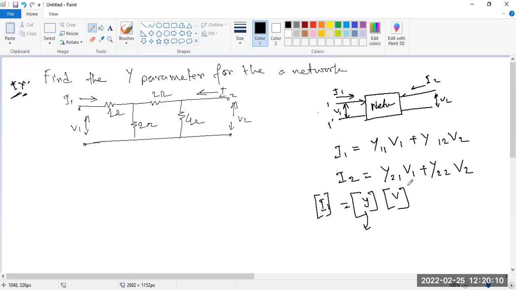Each element has a specific name. Just recall this: Y11 is at the input, and it is called the driving point admittance, or the short circuit input admittance.